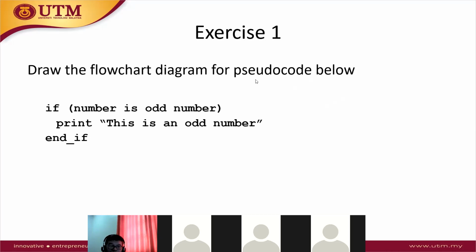This one is not the complete pseudocode, only part of it, just to test whether you understand or not. I set a timer, 3 minutes. This one is too simple. Draw on your computer. Later I will ask you to share screen. Okay, let me set the timer. 3 minutes is enough.